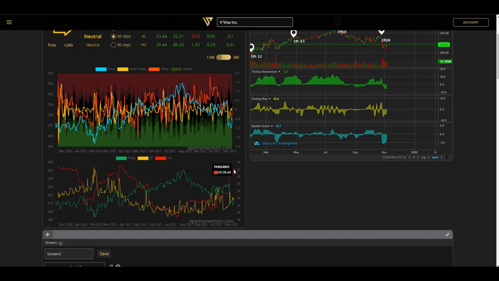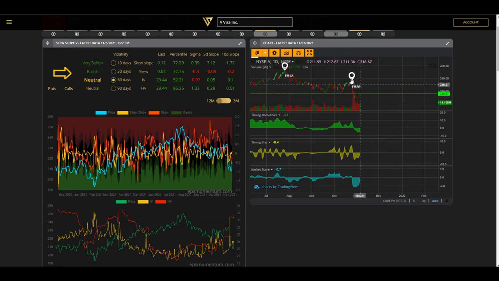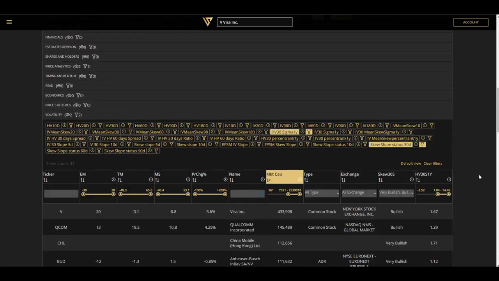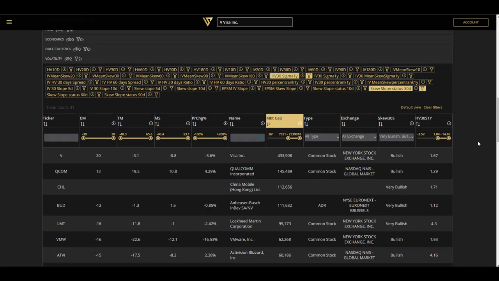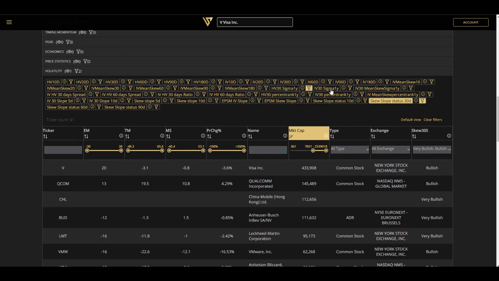So this is an abnormal point for Visa. Visa is very volatile, and yes, in fact, Visa collapsed 5 days ago, right? So that is useful to see what stocks are currently very volatile or not. You can do the same thing in implied volatility.